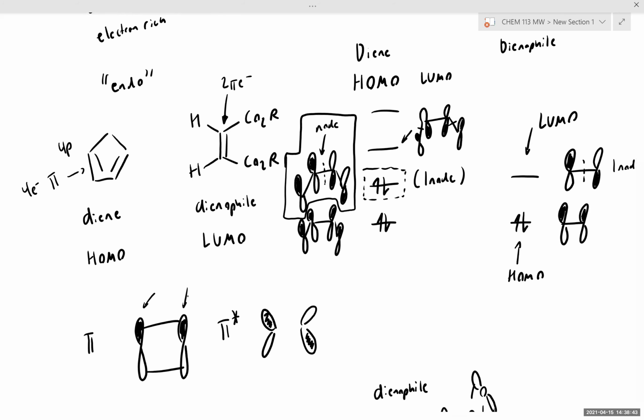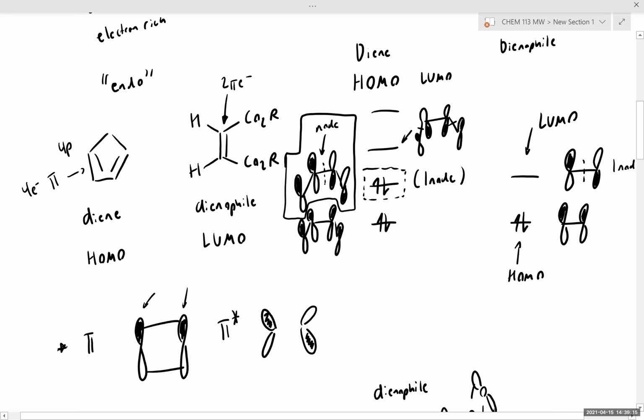We have constructive overlap between our p orbitals, right? So if we're making a pi bond, the regions of the same phase overlap constructively, right? If we're looking at an anti-bonding interaction or an interaction that would not productively form a bond, we have attempted overlap between regions of opposite phase. Does this first idea make sense?